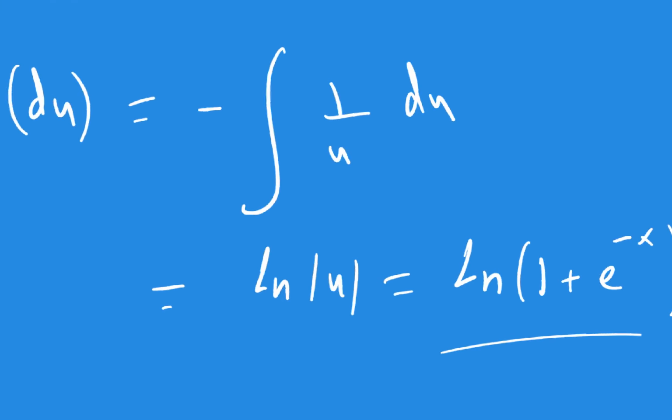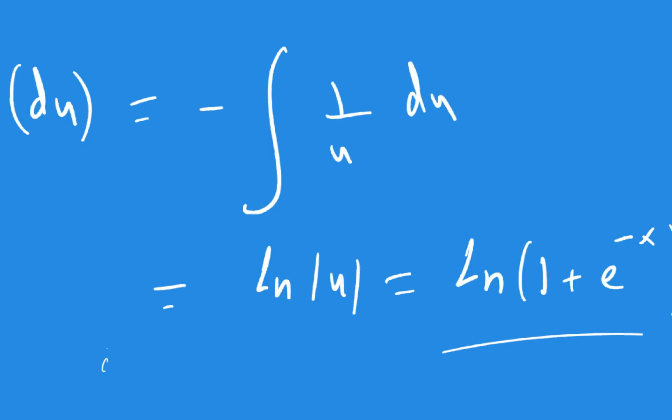So the derivative with respect to x of the log of 1 plus e to the minus x is equal to 1 divided by the function, times the derivative of the function, e to the minus x.